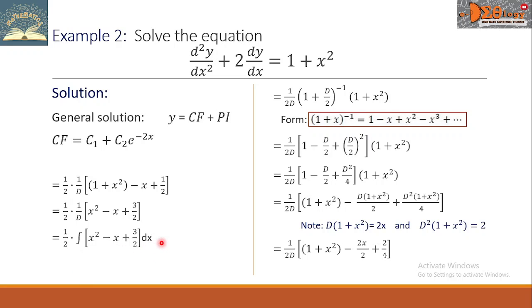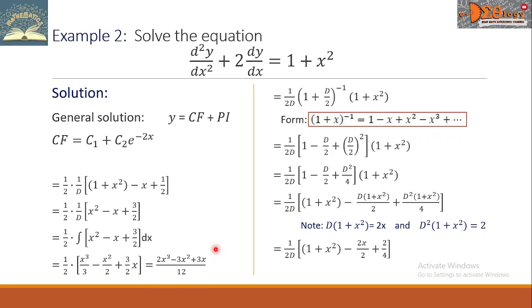So we have now this x cubed over 3 minus x squared over 2 plus 3 over 2 times x. We can multiply this constant 1/2 inside the terms of the grouping symbol. And then we simplify it further, and we reach the final answer: 2x cubed minus 3x squared plus 3x over 12.